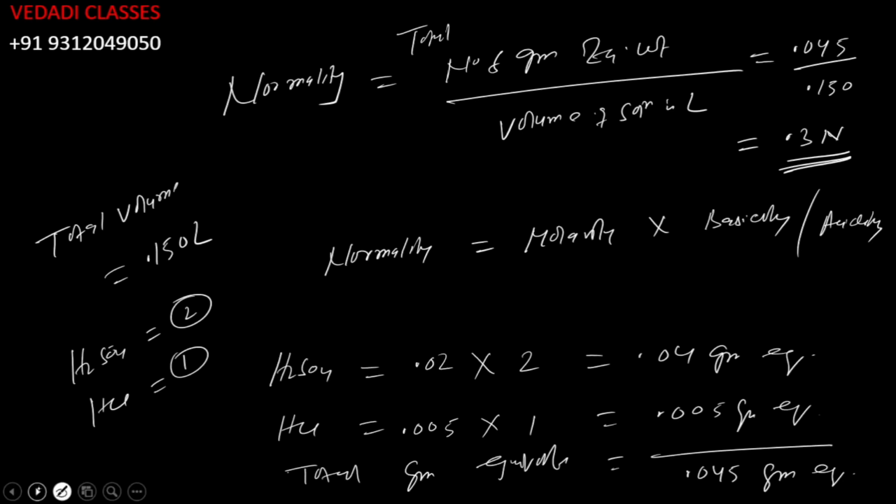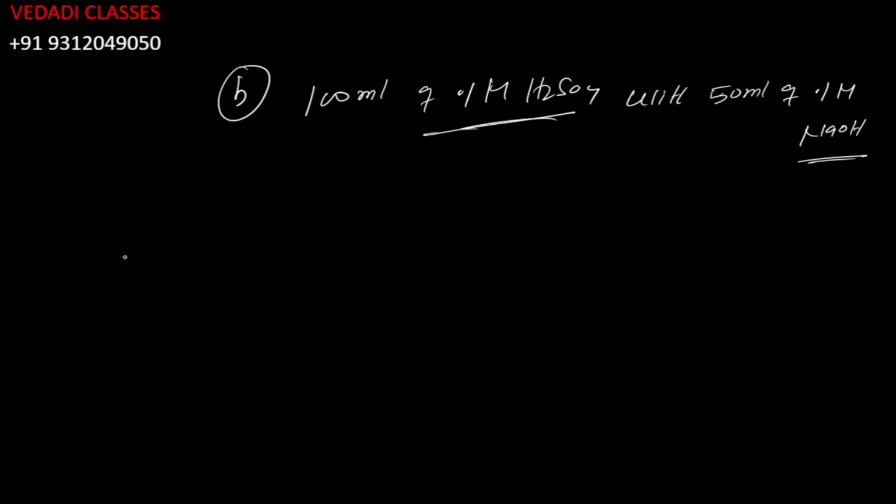And if you want to know the normality, you can use the same thing: N1V1 plus N2V2 is equal to N3V3. As you know, for the 0.2 M H2SO4 and the 0.4 M H2SO4, you have to solve accordingly.